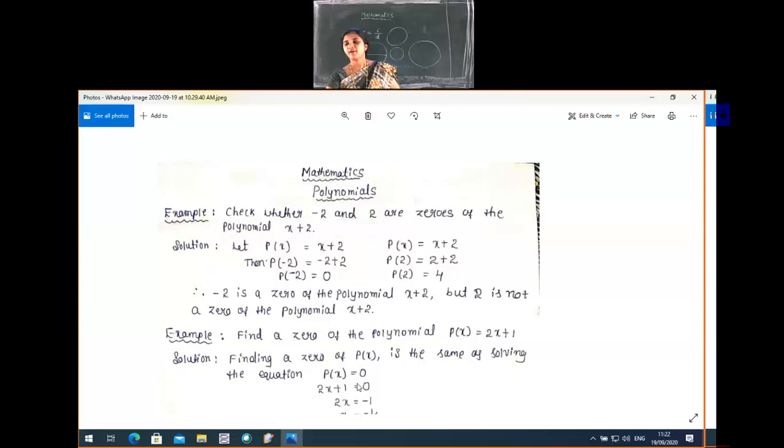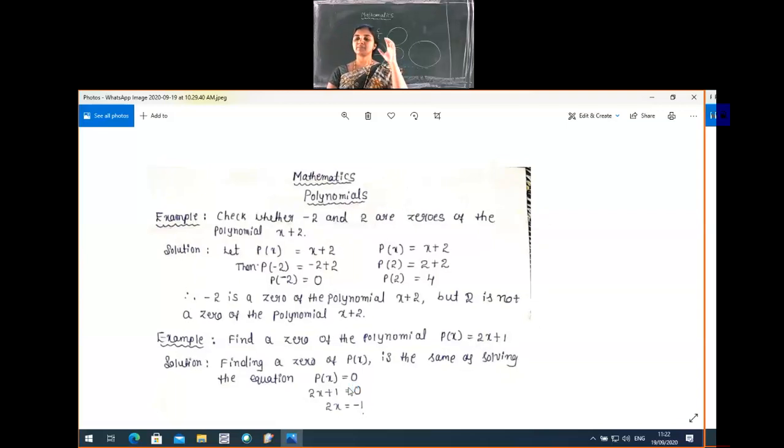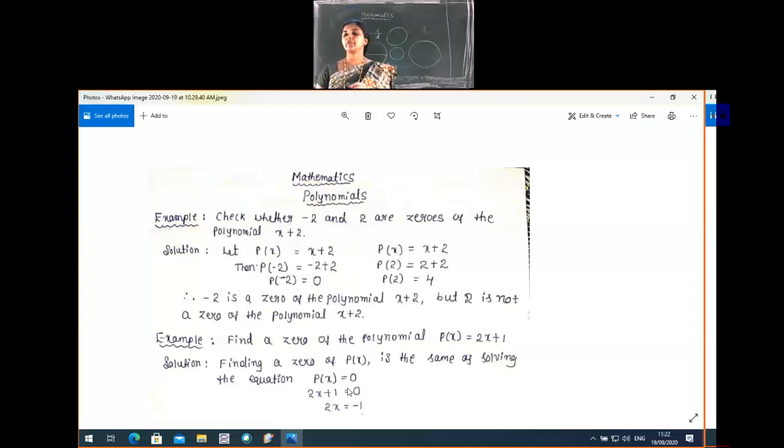They are given as zeros, and they are asking you whether that is true. You have to check. How can you say whether minus 2 and plus 2 are zeros of the polynomial? Nothing, it's simple. In place of x, we just substitute minus 2 and plus 2 separately. If the polynomial value becomes zero, then we can say that value is a zero of the polynomial. Otherwise, it is not a zero of the polynomial.